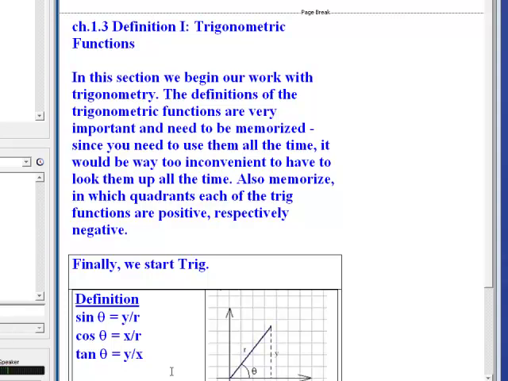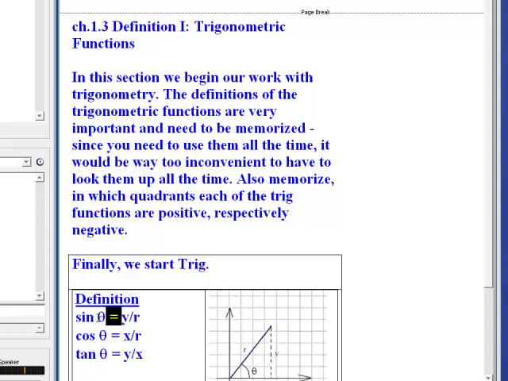The secant theta is the reciprocal of the cosine, so it's going to be r over x, and the cotangent theta is the reciprocal of tangent, so x over y.